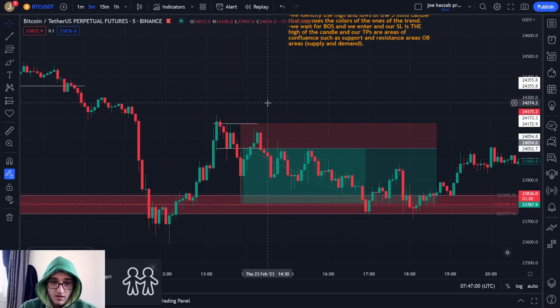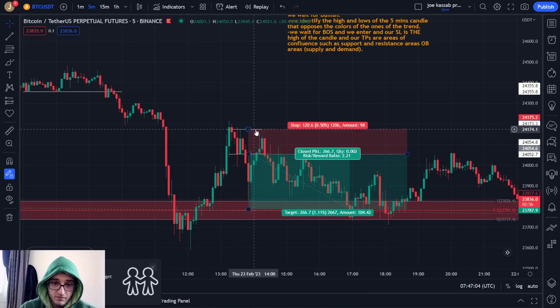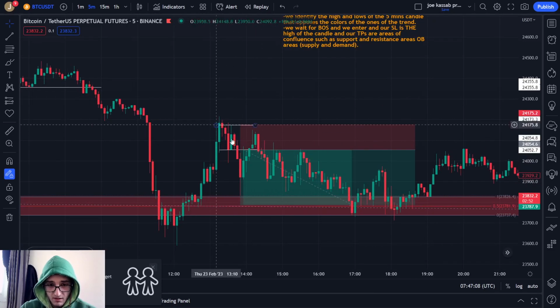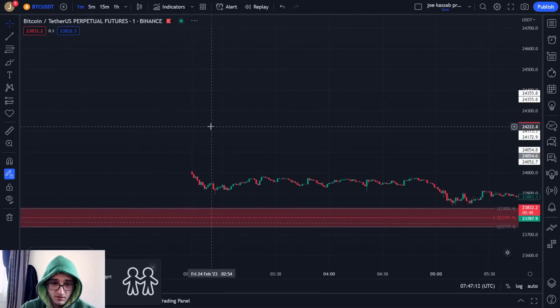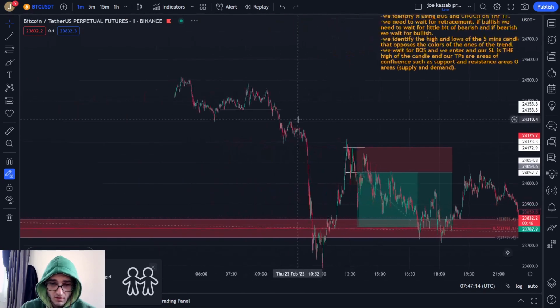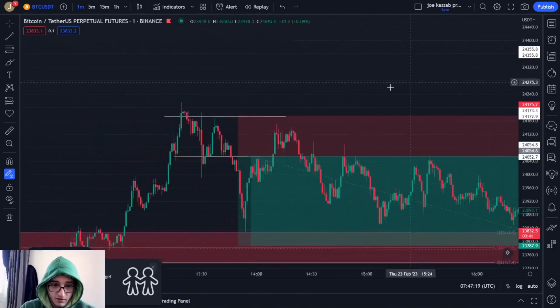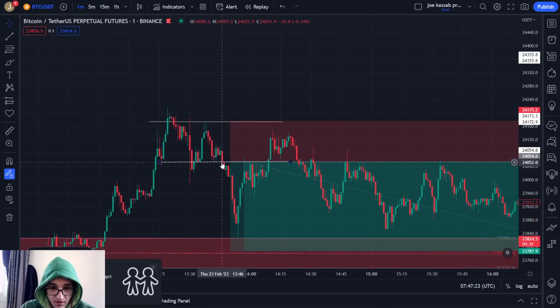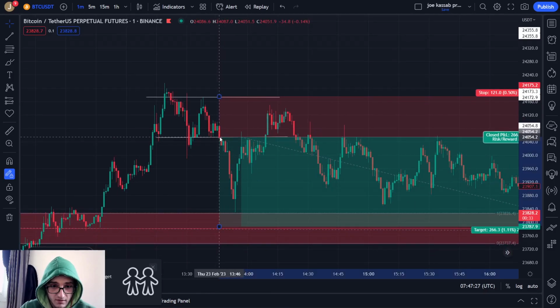So in the 5 minutes time frame, I mark out the 5-minute bullish candle that is happening in the bearish market. I go to the 1 minute and I wait for break of structure to the downside. As you can see, we had a break of structure to the downside, so we entered here.